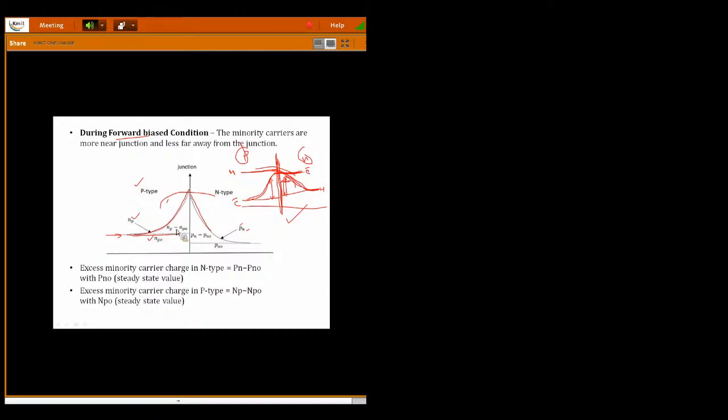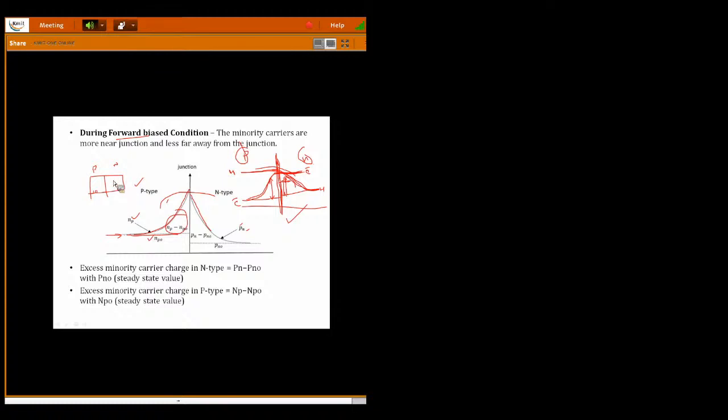Okay. Now what is the charge concentration at this point? I want to calculate the excess minority concentration. Excess means, already in the p-type material, the minority charge carriers, electrons, are there. I am assuming 10 electrons are there. In the n-type, 10 holes are there as minority charge carriers.